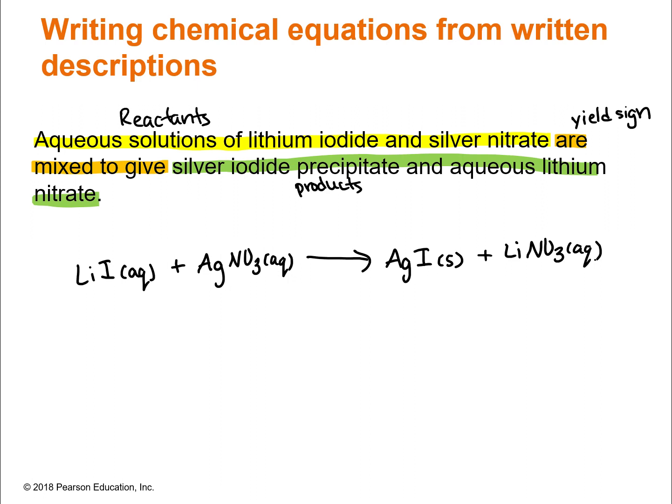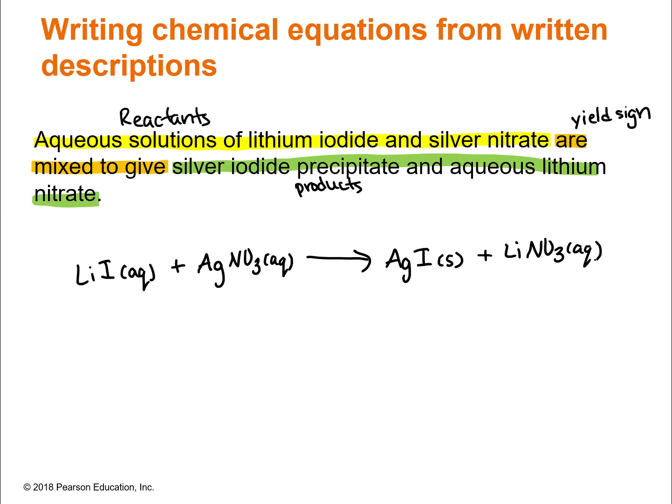For Chapter 7, for these types of questions where you have to write the chemical equation or the written description, it's going to be multiple choice or fill in the blank, that kind of thing, matching. You won't have to type it out in the exam. It's not a spelling exam. It's making sure that you recognize all the bits and pieces that need to go into the description or the chemical equation.